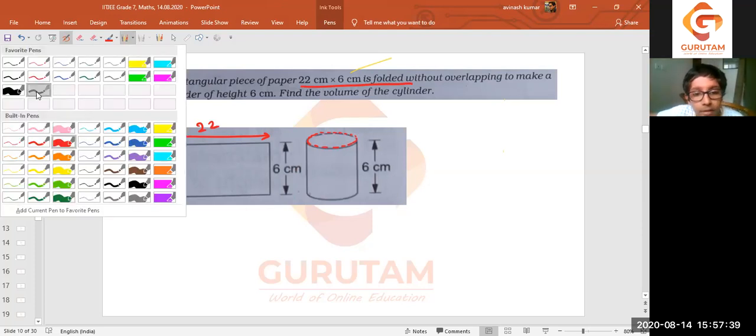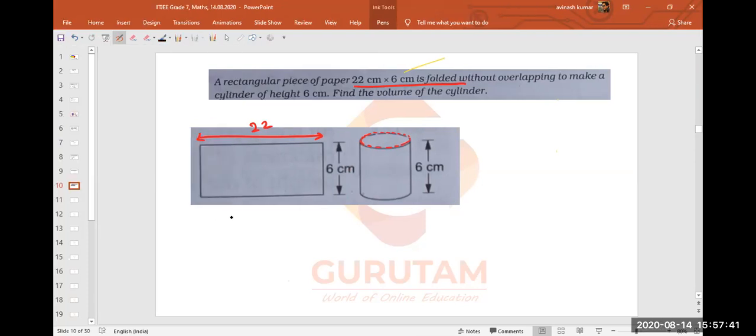Circumference means 2 pi r. So 2 pi r is nothing but 22. Because for finding the volume, we need the r value and the height value, correct? We have the height, 6, but we don't have the r value.